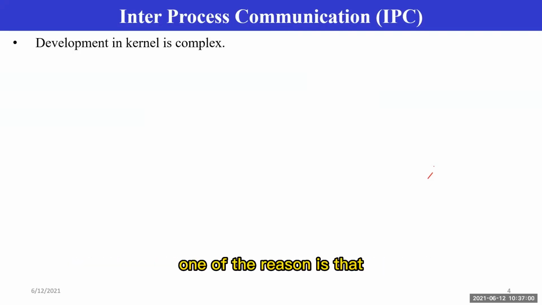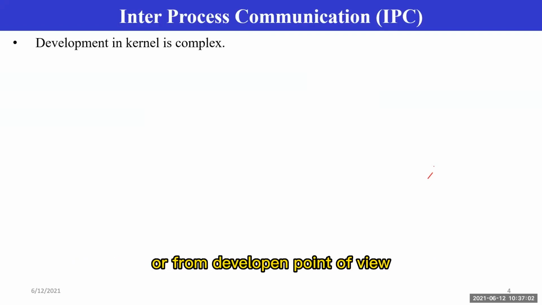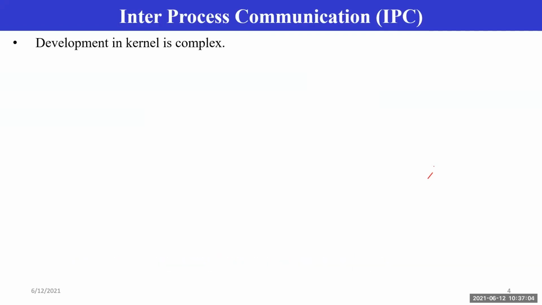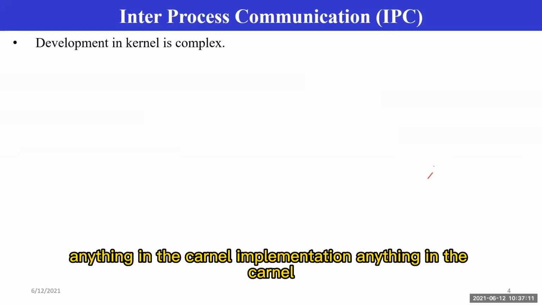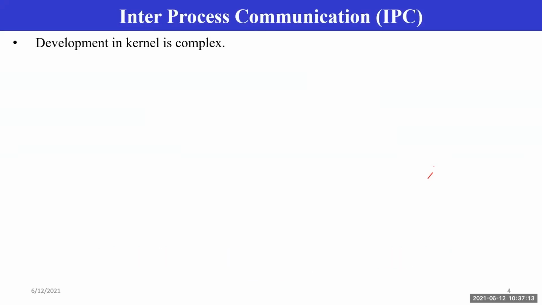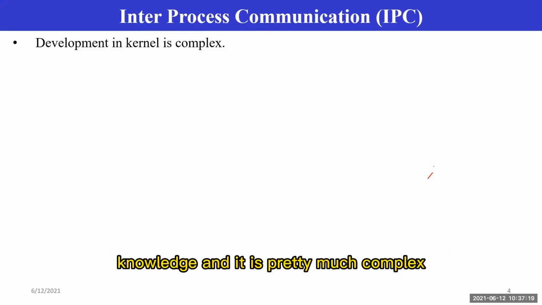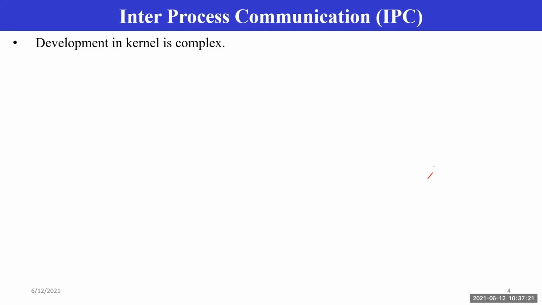One of the reasons, from the development point of view, is that developing anything in the kernel requires a detailed level of knowledge, and it is pretty much complex. The outcome of this could be severe.